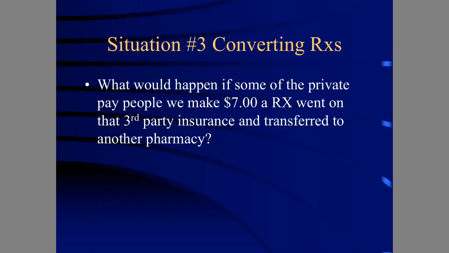But what would happen if I had, like I said, a local employer, and these people were coming to me because I didn't take their insurance anyway, and I was making $7 a prescription, but now that I am going to take this insurance, that $7 per prescription is going to go down to $2.50 per prescription, so I'm going to see a decrease in revenue.